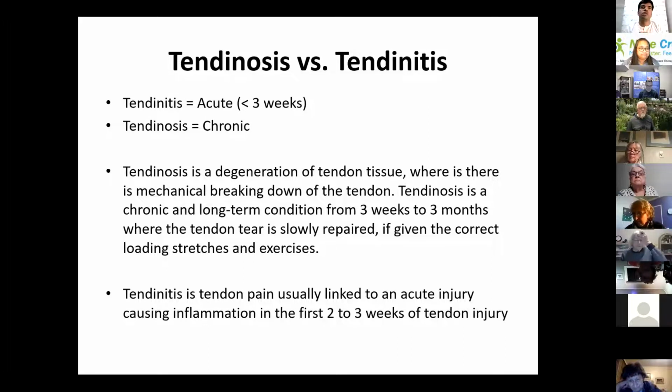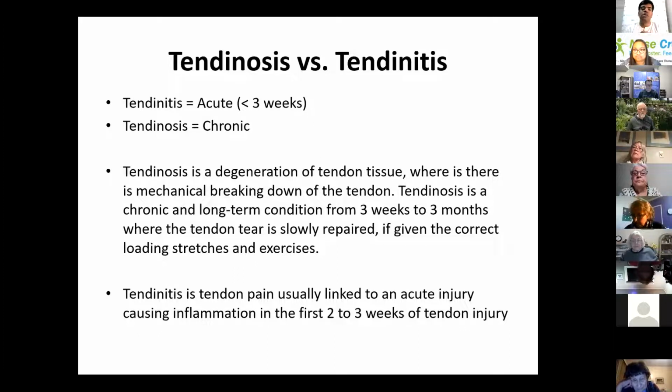Whereas tendinosis is a chronic tendon problem where, okay, we are overloading the tendon, and if we go to the microscopic level, a small tear can happen, and it will try to heal, but we are overloading it again and again.